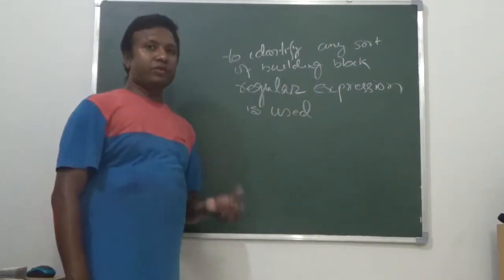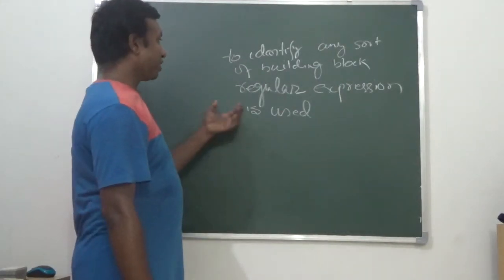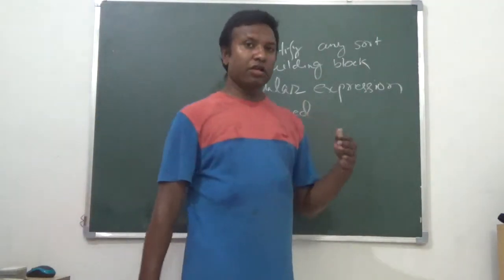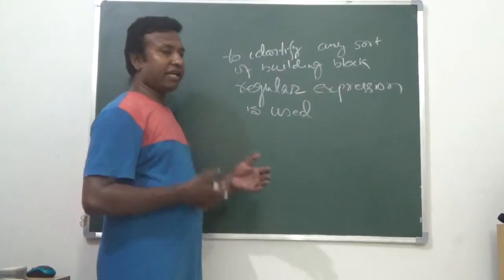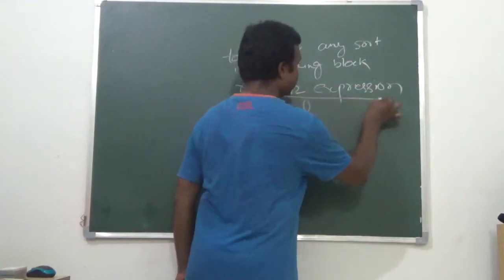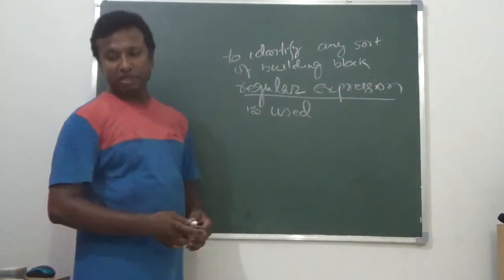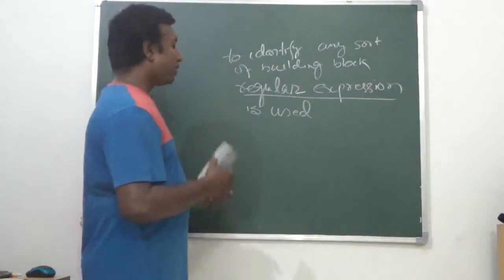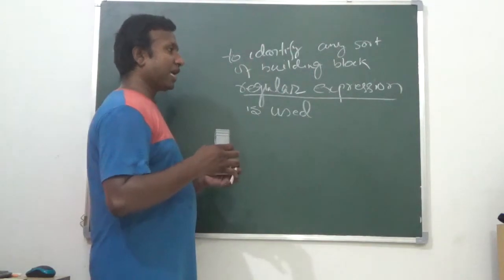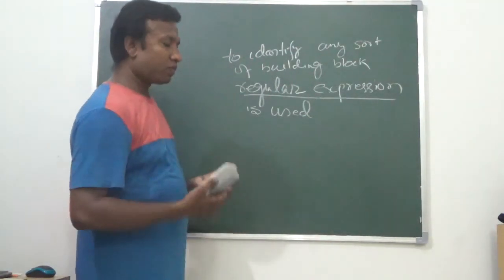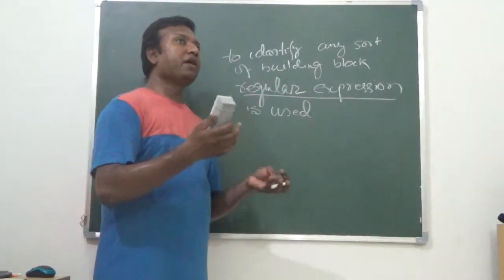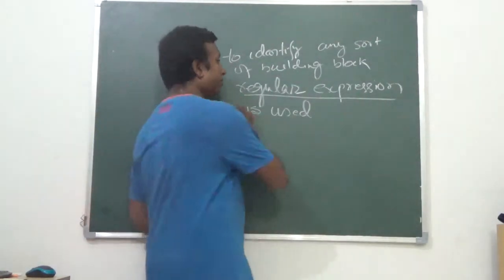If we want to identify which one is an identifier, we use a regular expression. The same regular expression is used for identifying literals, keywords, etc. So we need to talk about what a regular expression is. Once we get knowledge about regular expressions, then we can write programs and identify all this information from the program.